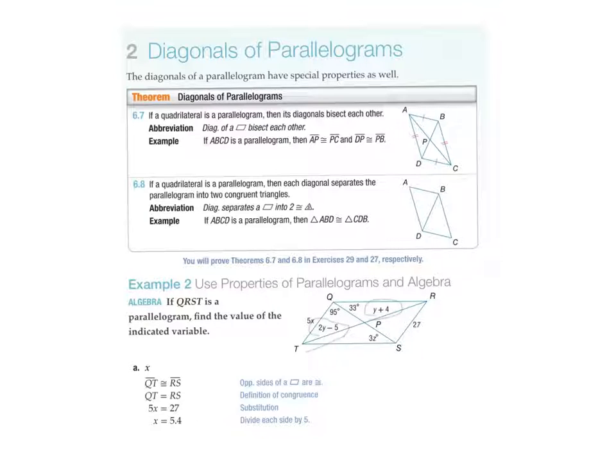Is it finding the value of the indicated variable, which in this case would be whatever y is worth, or is it plug it back in and solve? So be careful. They've given you an easy one. They've given you the 5x, which is this side here, which must equal this one. So obviously 27 divided by 5 will give you 5.4.